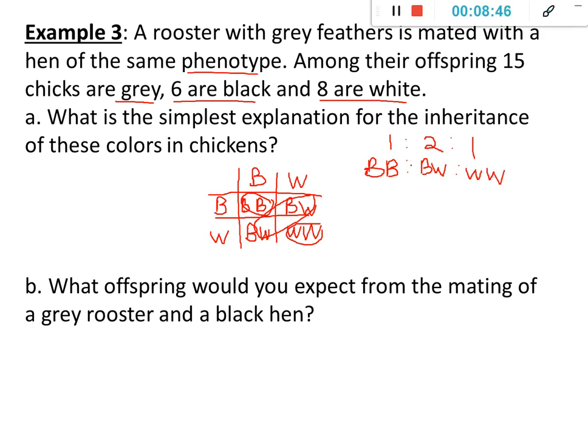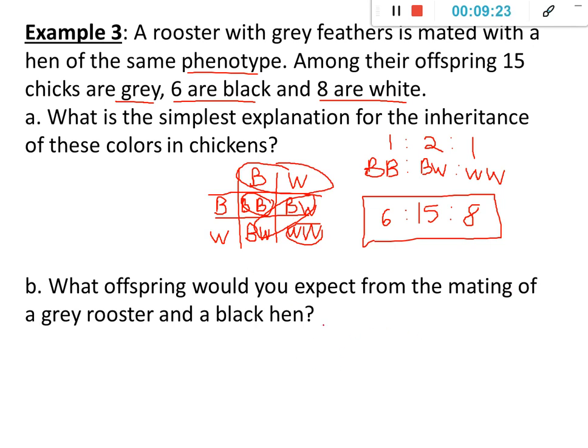And looking at these numbers they give me in the question here, they're saying that 6 are black, 15 are gray, and 8 are white, which is not perfectly 1 to 2 to 1, but that's how statistics work. You'd have to have a giant sample to get exactly 1 to 2 to 1. So with 1 mating of these chickens here, that's a decent ratio, pretty close to a 1 to 2 to 1 ratio. So looking at this, the fact that they are codominant for black and white traits is the best explanation.